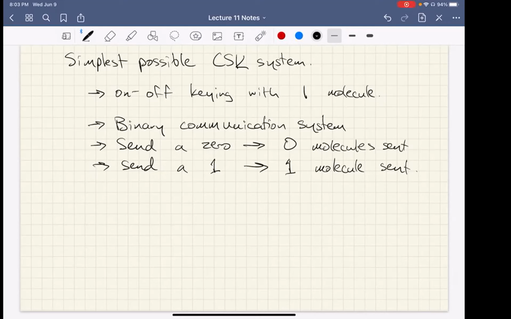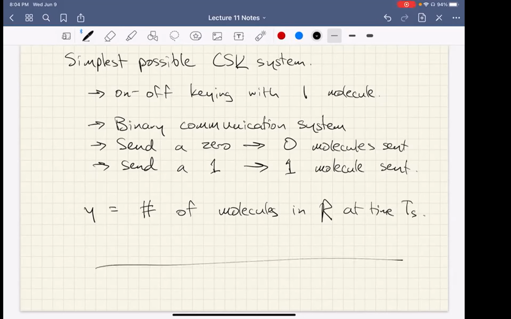What we're going to do is say that my observable Y is the number of molecules in the receiver at time TS. So here is my region. There's my transmitter at the origin. Here is my region.